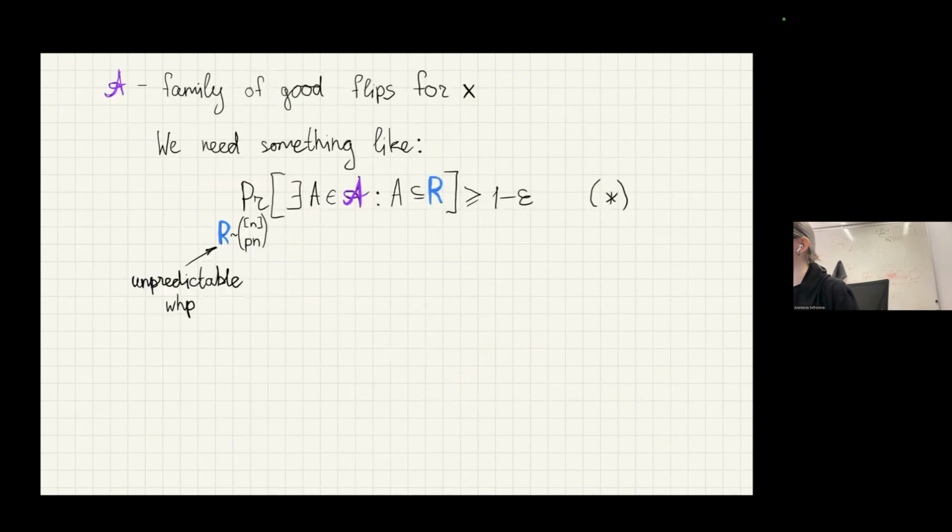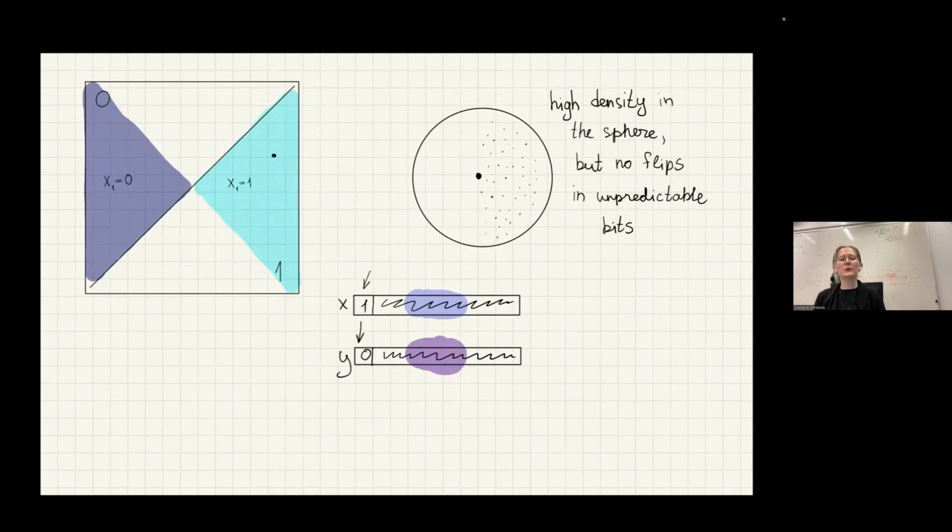So when we sample a block at random, it will not contain the first bit with some quite high probability, but then every good flip will contain this first bit.